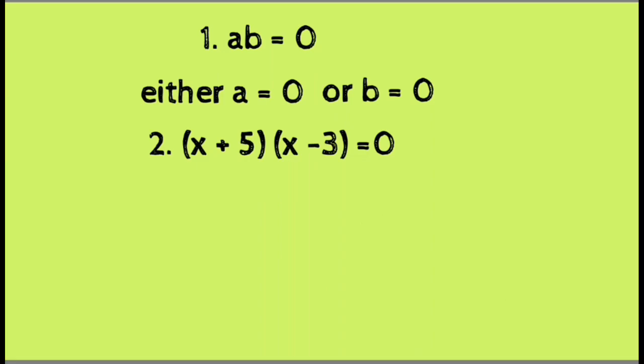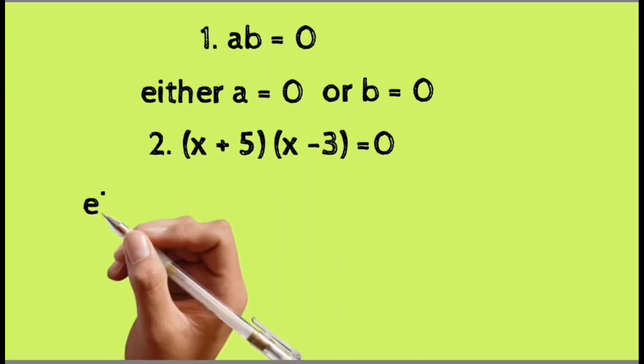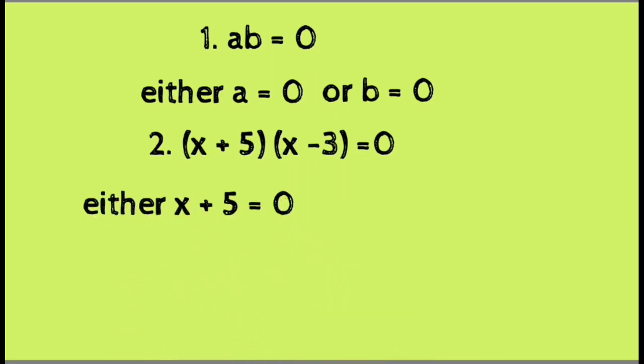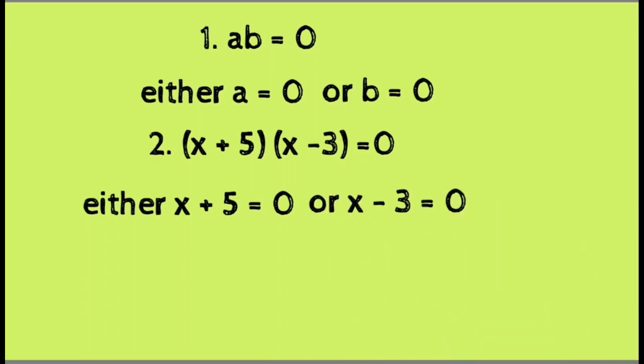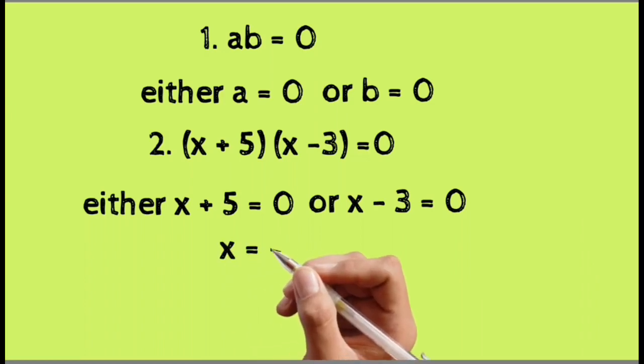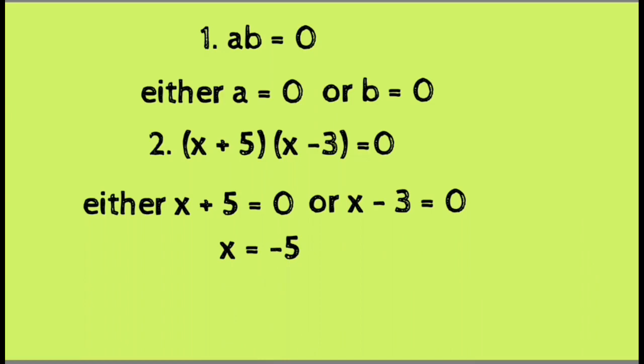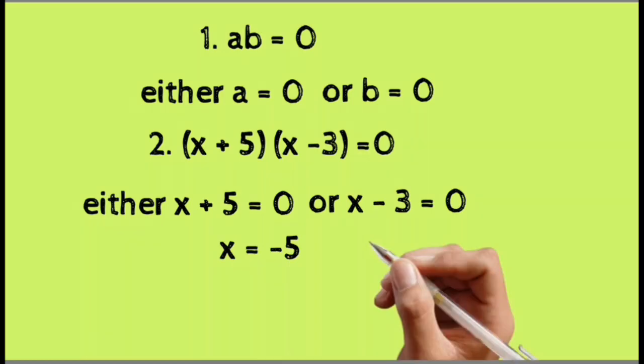x plus 5 is a factor. x minus 3 is a factor. So it means either x plus 5 is equal to 0 or the other factor, x minus 3, is equal to 0. Now I've got two simple linear equations that I can solve easily. x equals negative 5 or x is going to equal a positive 3.